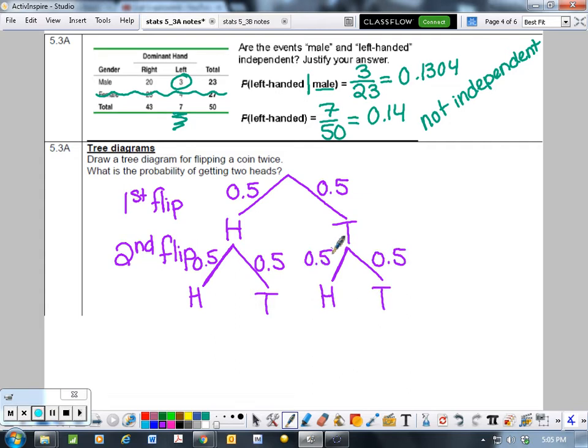Now the way our tree diagram reads is that we have these possibilities: heads the first time, heads the second time. Heads the first time, tails the second time. Tails the first time, heads the second time. And then tails the first time, tails the second time. Because we know these are all equally likely, I really have a 1 out of 4 shot for each of them. And a 1 out of 4 shot is also known as 0.25.